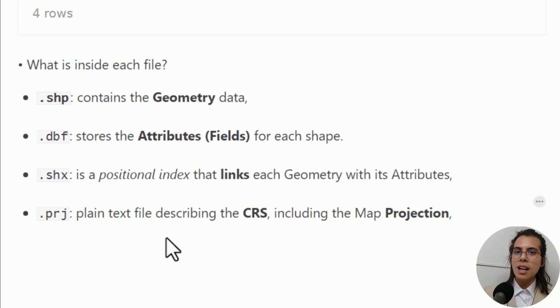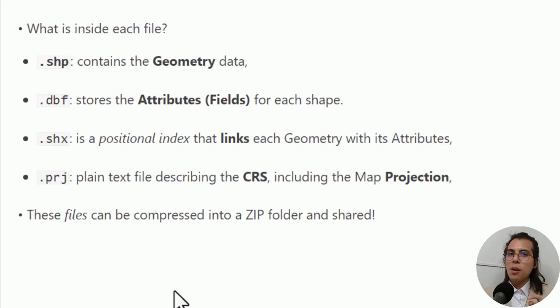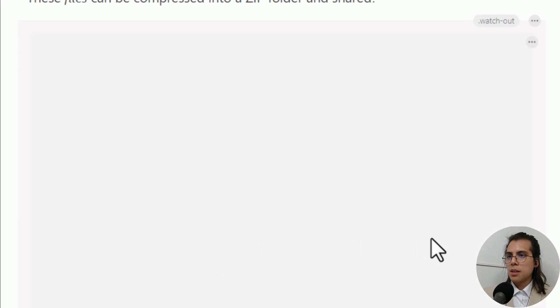But what about this other element that has the extension .prj? It describes the coordinate reference system, including the map projection. So from projections, you have the extension name. All these files need to be compressed into one zip folder to be shared. So now, an important message.